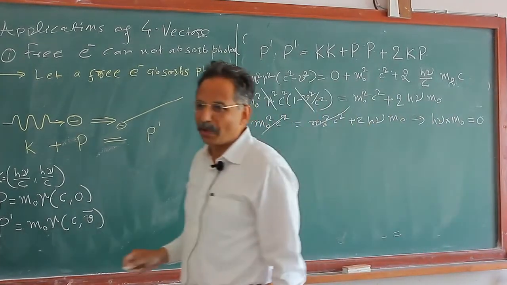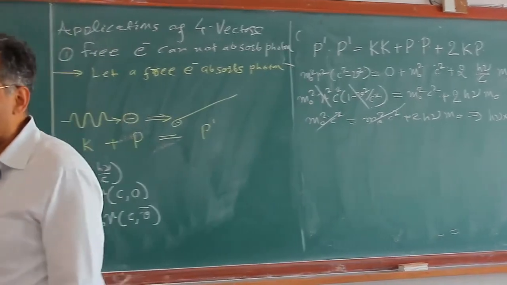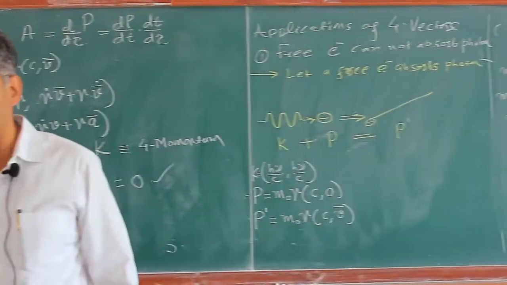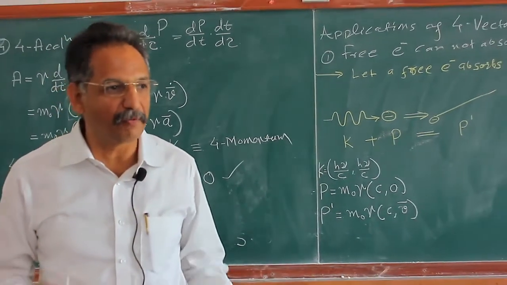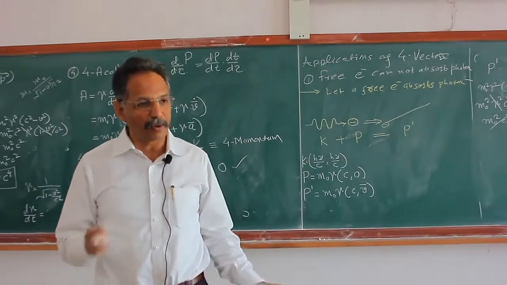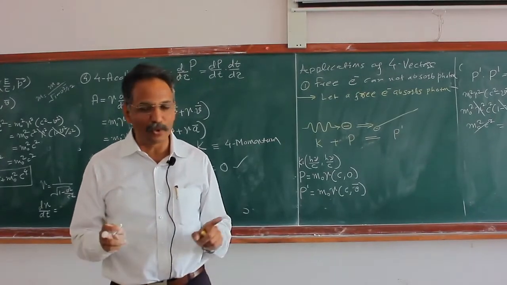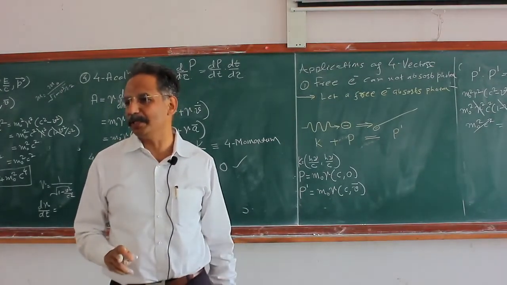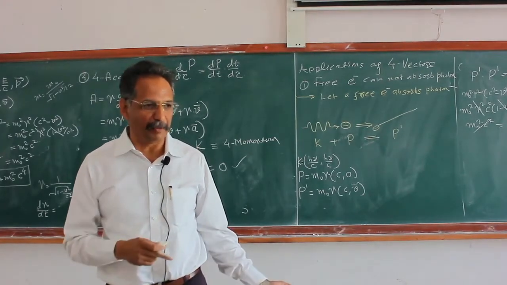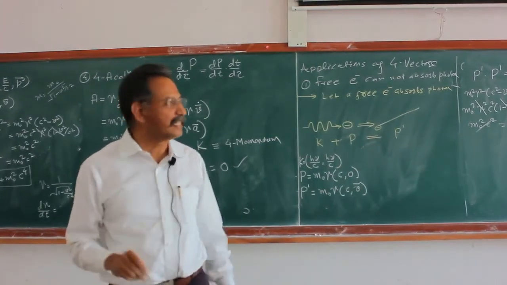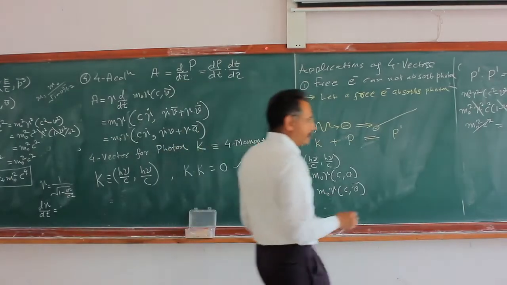We have electron that is having rest mass m0. It is not a zero quantity. It has some numerical value. So we have considered a photon, and the product of two can be 0 only when one of them is 0. So both are, product is coming 0. It means that this is a contradiction.